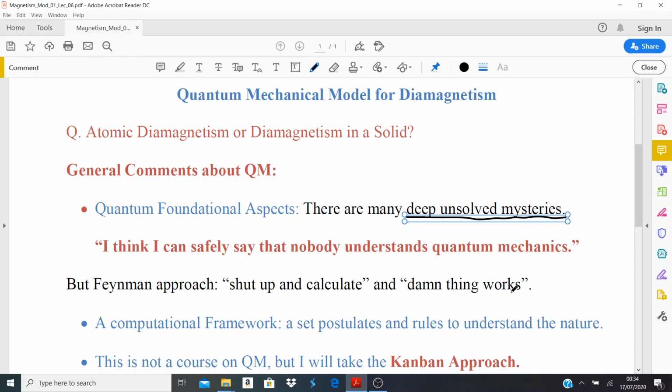So that's the driving point for us, right? Because these foundational aspects are very difficult, and we have many interpretations of quantum mechanics by now, but there is still a lot of debate going on and there are deep unsolved issues there.